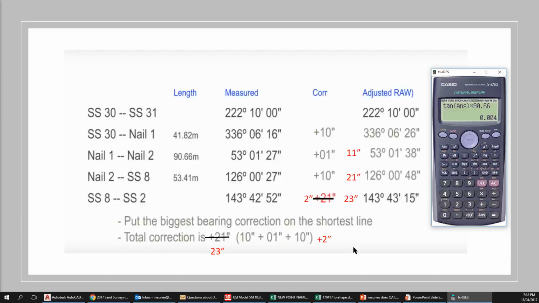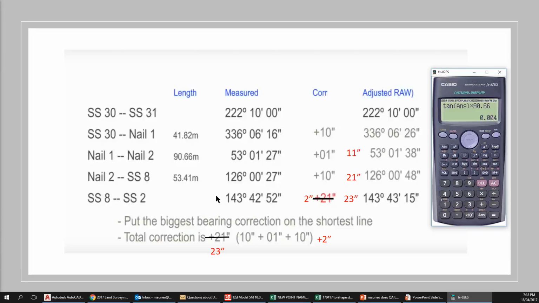There are other ways of doing this, but remember the correction is to the angle, and the bearings come from the angle. So that's plus 10 seconds, and then plus 11, 21, 23.